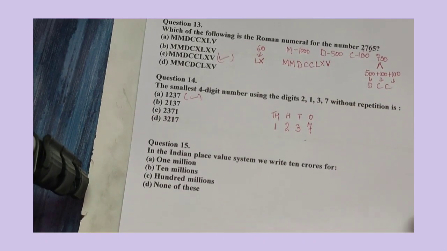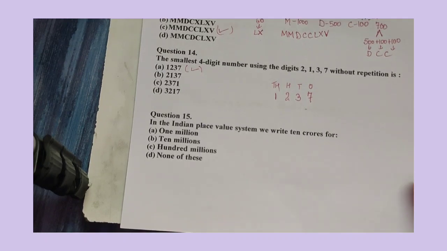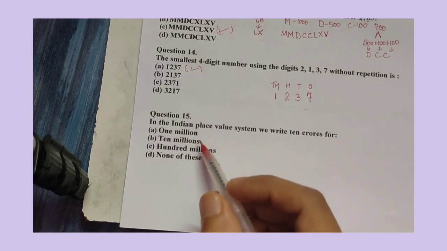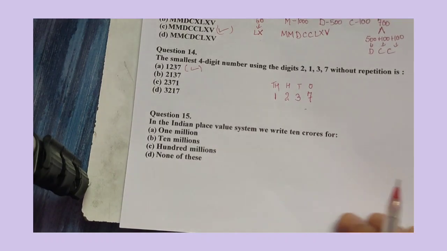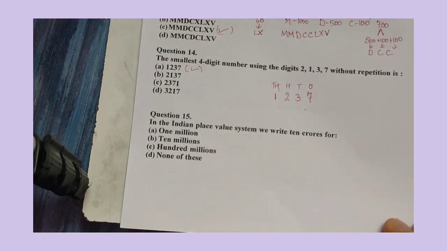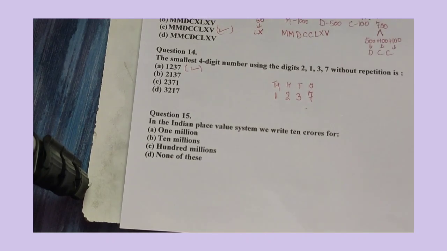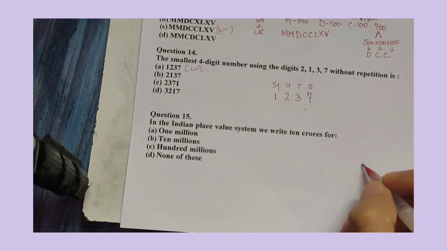Okay. Moving on to the 15th question. In the Indian place value system, we write 10 crore, for which number in the international system? If we write 10 crore, how many place values are there?